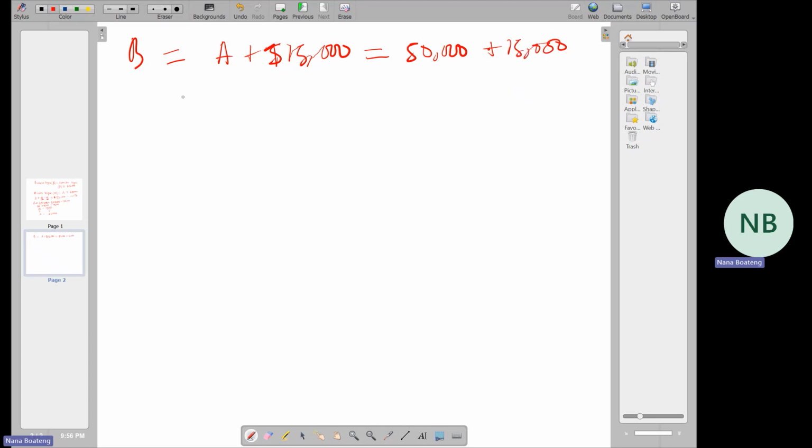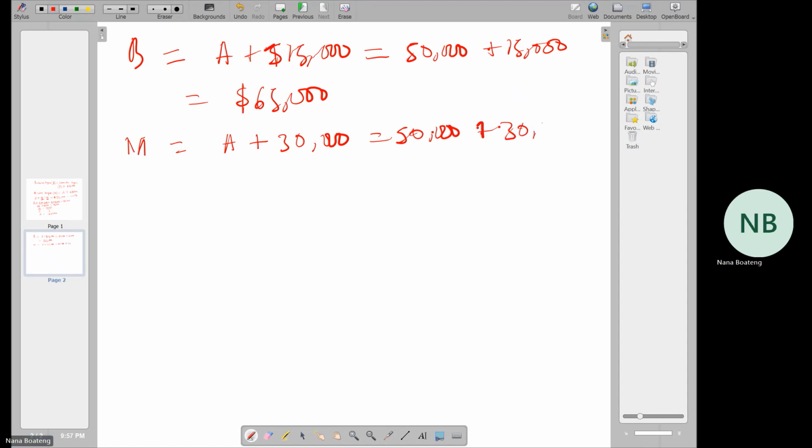So a bachelor's degree holder makes about $65,000 a year. And we are also told the master's degree holder makes $30,000 more than an associate's degree holder. So that is A plus 30,000. So this is 50,000 plus 30,000.